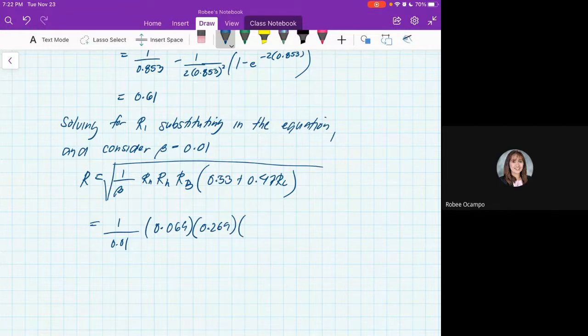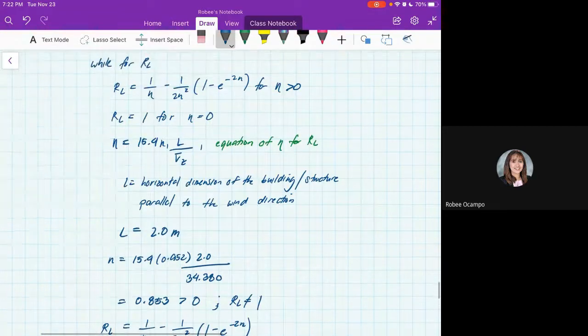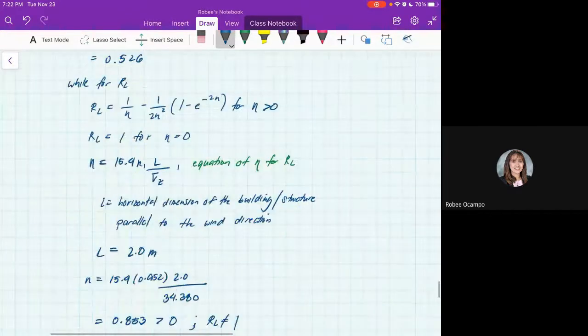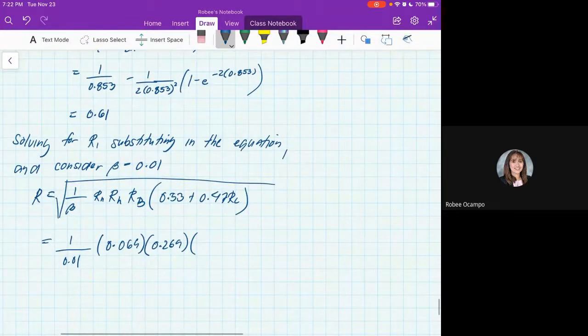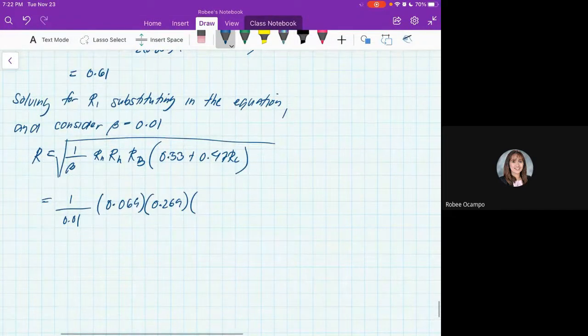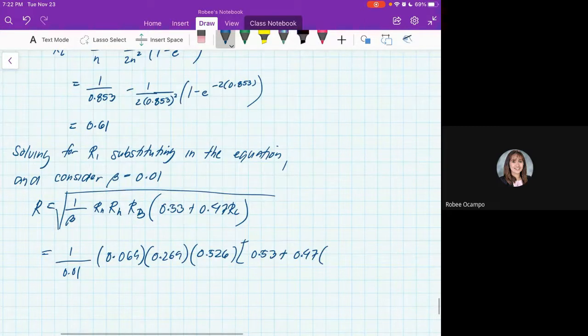The RB is 0.526. Times 0.53 plus 0.47 times 0.61.